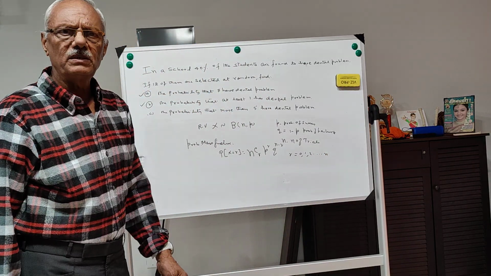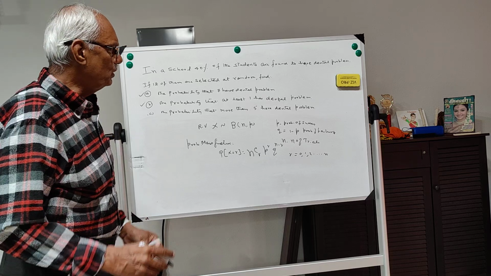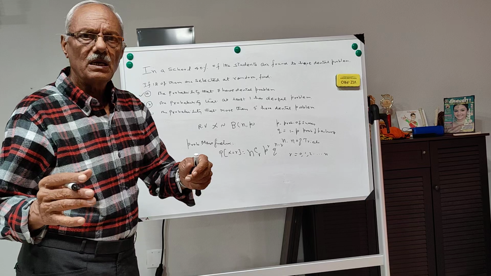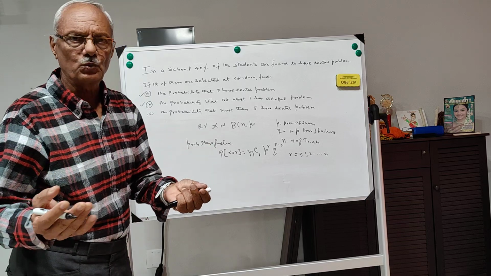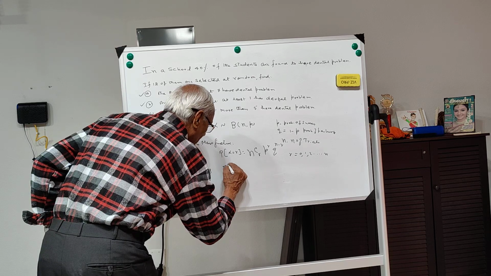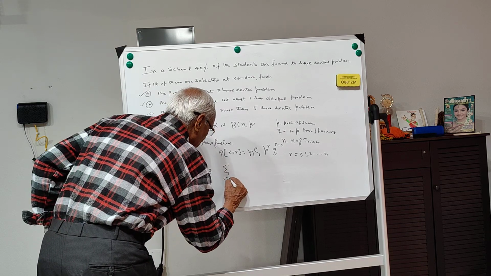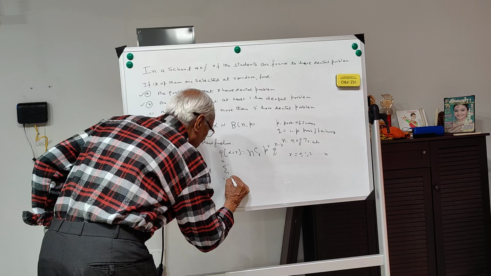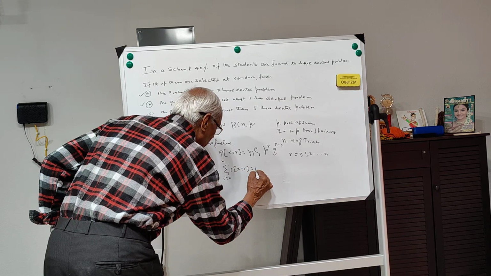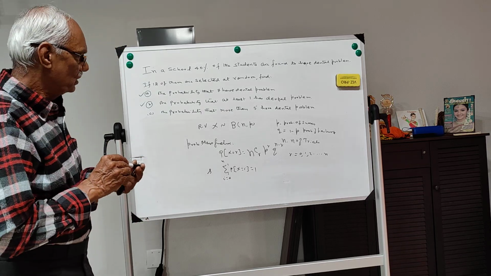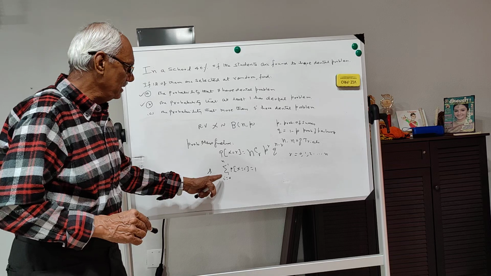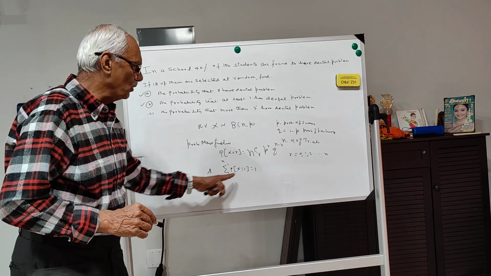This is called the probability mass function. And naturally, the sum of the probabilities must be equal to 1. That is, the sum over i varying from 0 to n of P of x equal to i is equal to 1. This is another truth.